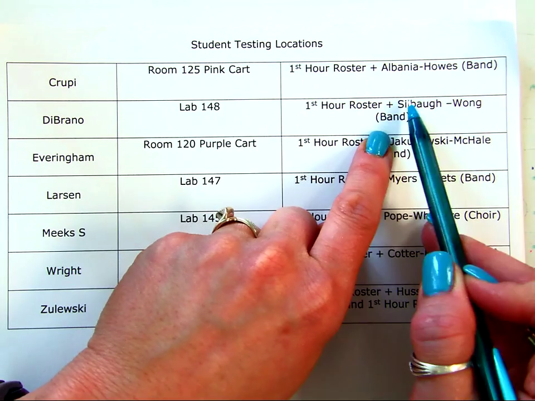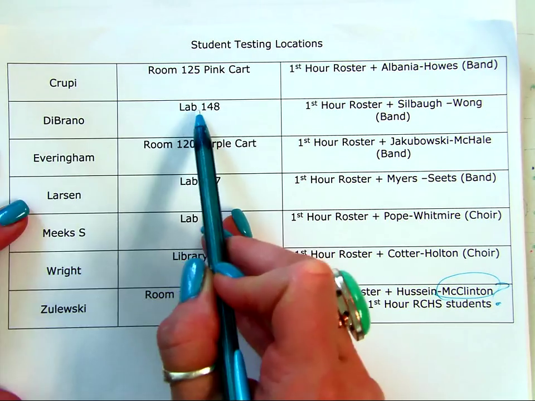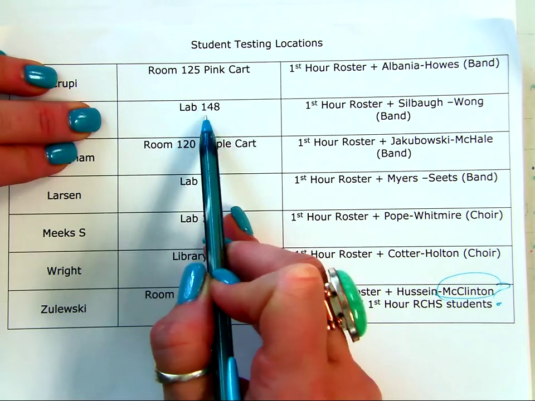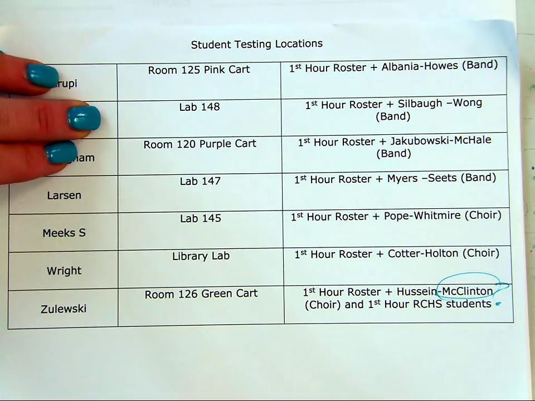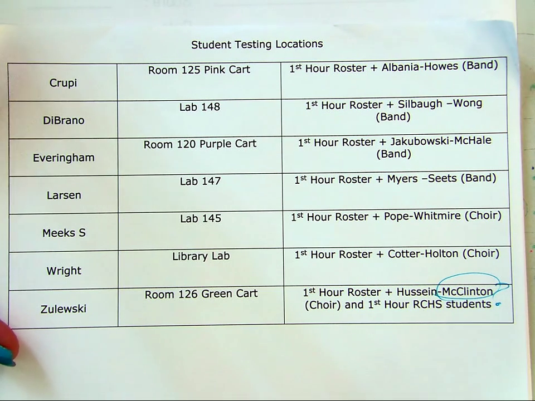S-I to W-O from band goes to Debrano's. Actually, he's the teacher, but he's going to be in 148. So these are the choir people. So I want you to take a minute, do some problem solving, do some third grade alphabetizing glossary dictionary word searches, and see if you can figure out where you go. Does anybody need help on figuring out where to go? Yes, 120 is Miss Everingham, yes.